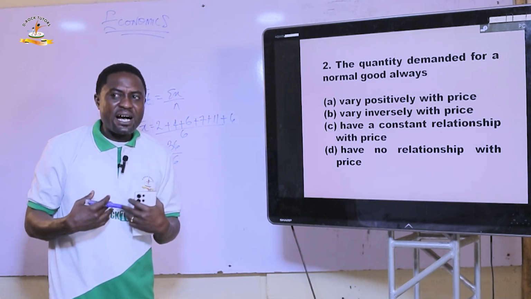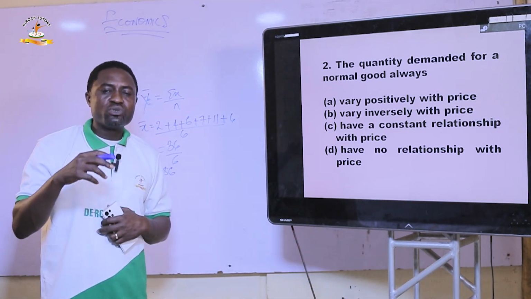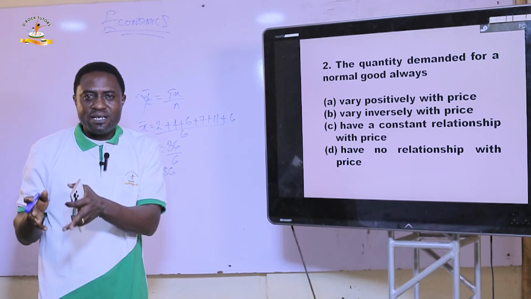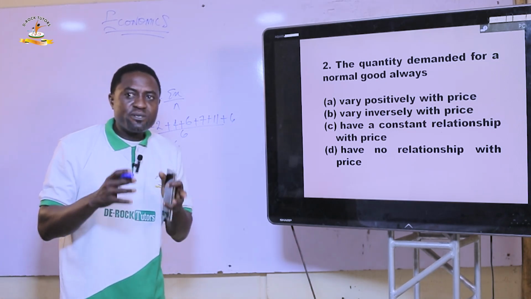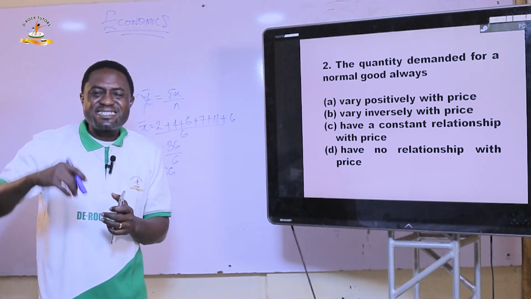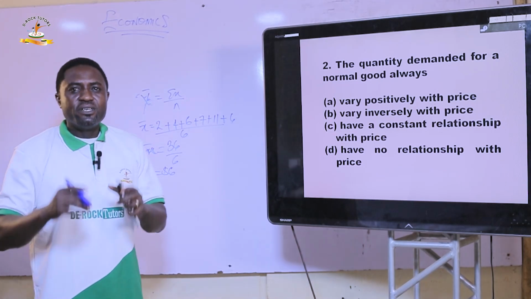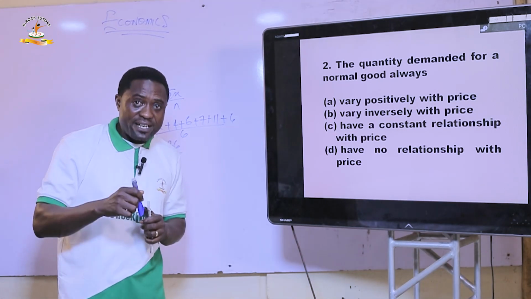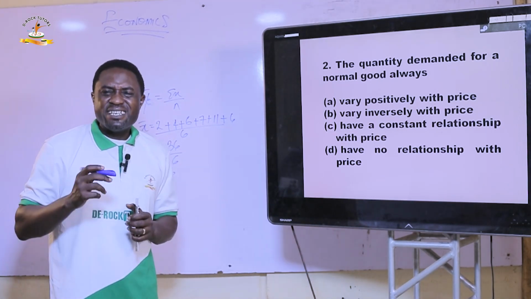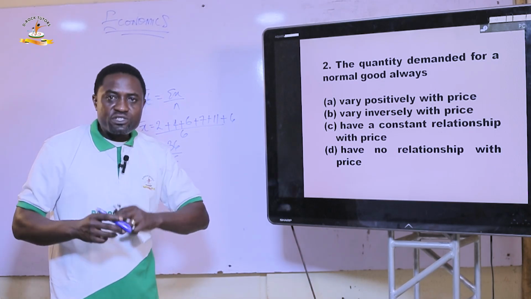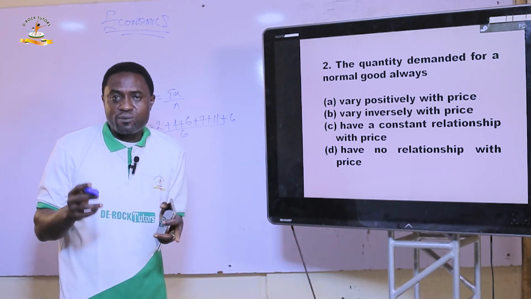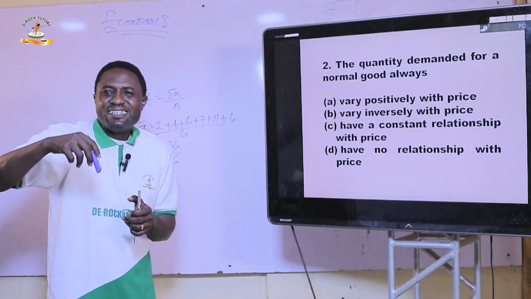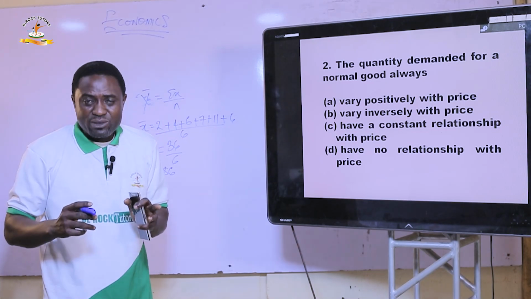Now, they are trying to ask us the relationship between the price and quantity demanded. The relationship between the price and quantity demanded is what? It is inverse. If you don't see inverse in some textbooks, you will see negative in a particular textbook.